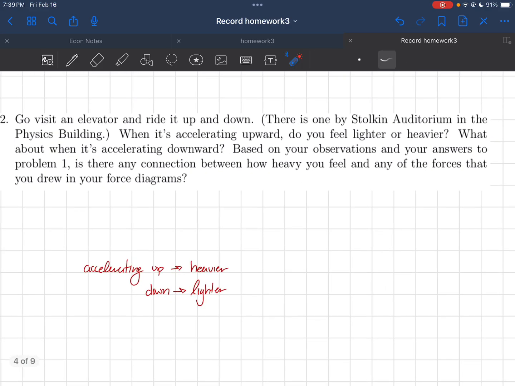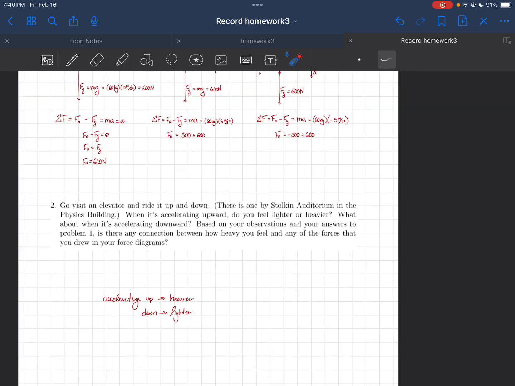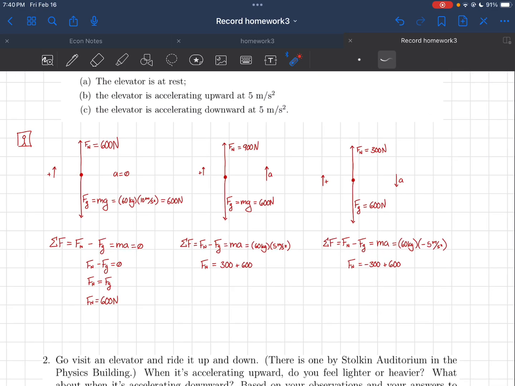Right? So there's our connection to that. So if we go up to our previous force diagrams, when I was accelerating upwards, my normal force was a lot higher than it was in my previous situation when I was at rest. And when I was accelerating downwards, my normal force was a lot lighter than it was when I'm at rest.